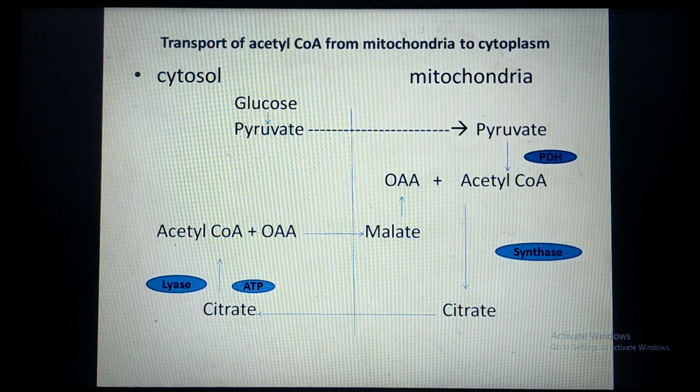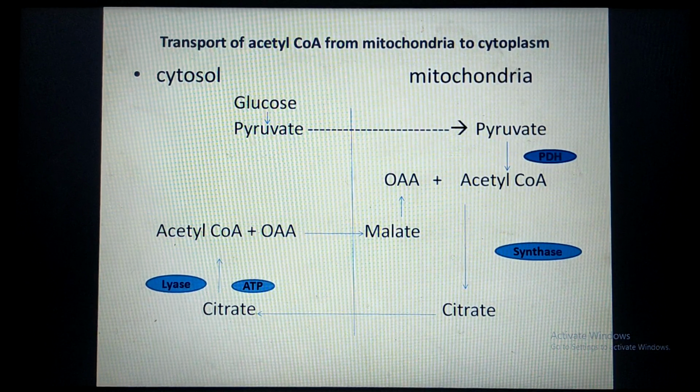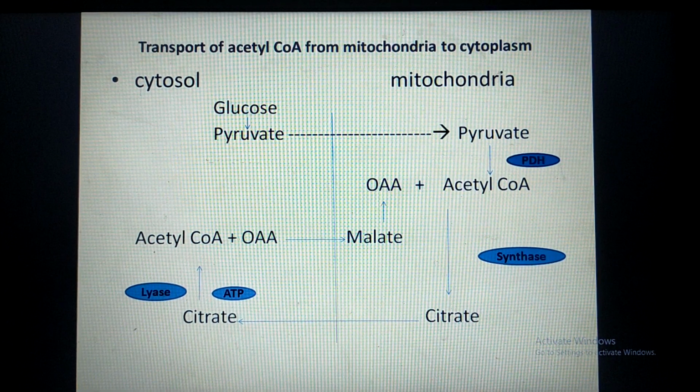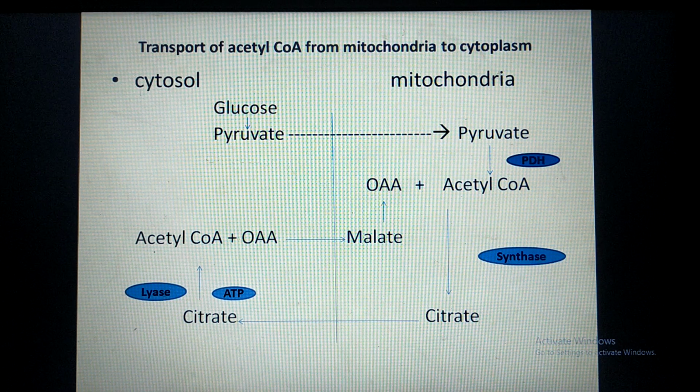Now this oxaloacetate is reduced to malate by malic enzyme, and then this malate enters into the mitochondria, and in the mitochondria it gets oxidized again to oxaloacetate. So in this way the acetyl-CoA is transported to the cytosol.